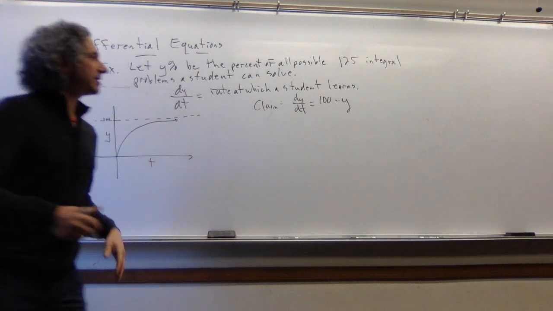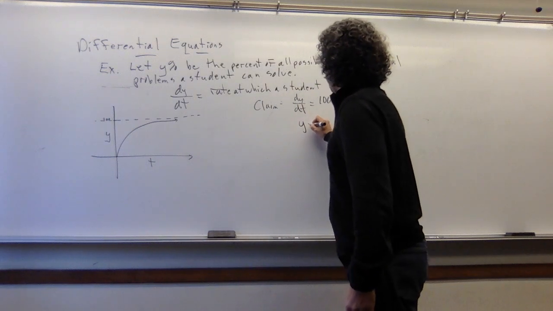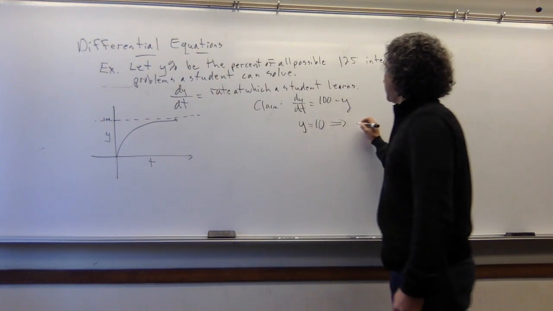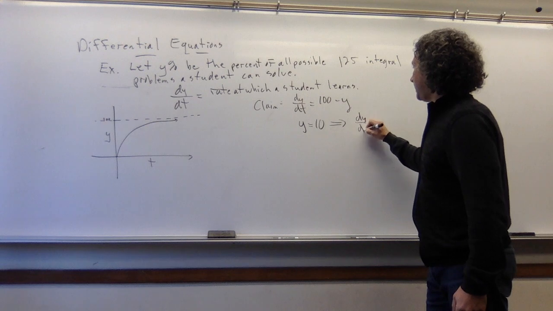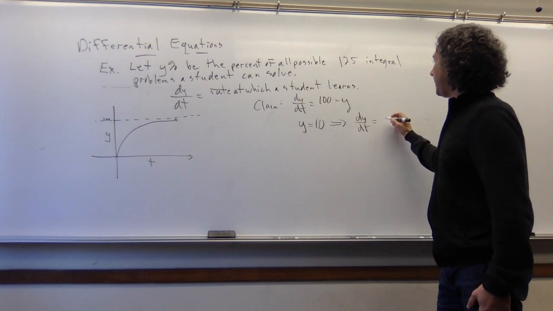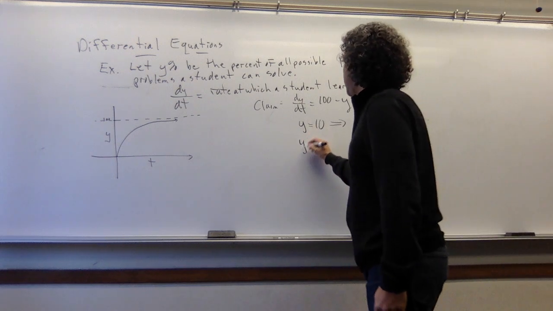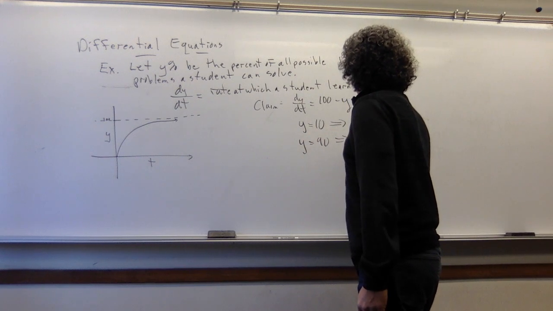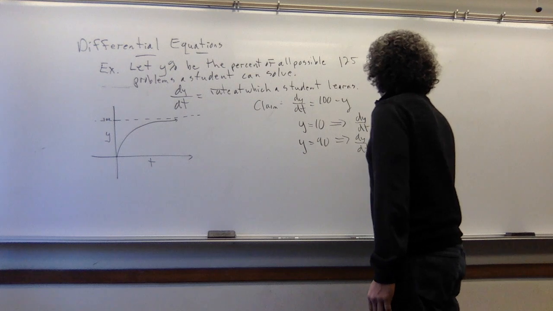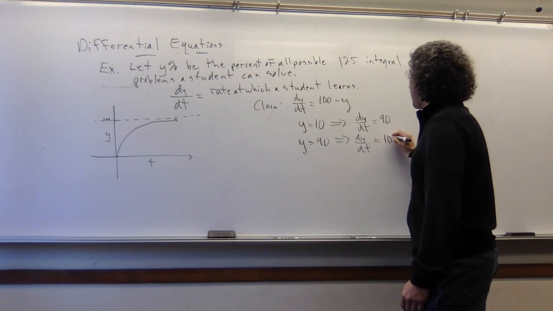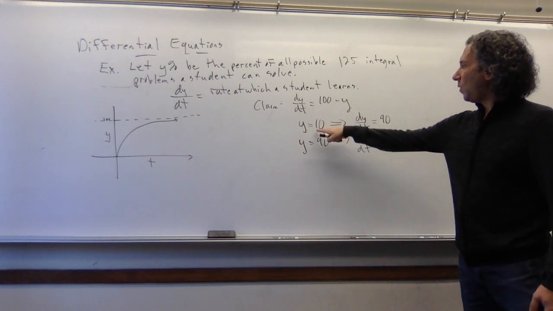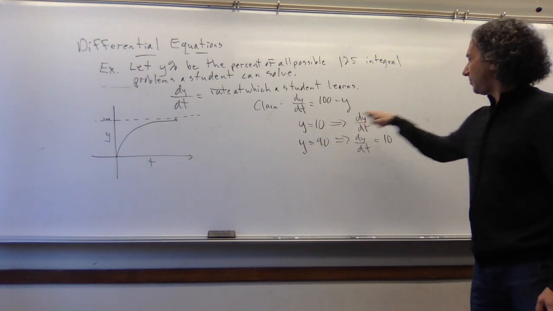Well, let's see. Let's plug in a couple of numbers. If y equals 10, then dy dt is equal to 100 minus 10, or 90. If y is equal to 90, dy dt is equal to 100 minus 90, or 10. So when I know a little bit, I'm learning fast.